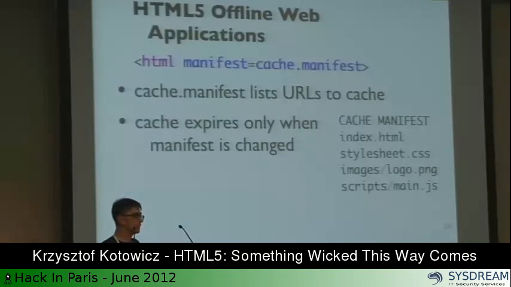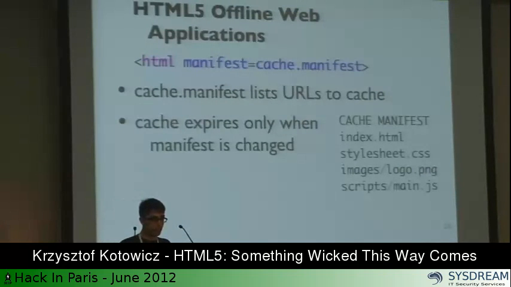How would you specify which resources should actually be downloaded by the supporting browser? Well, you put the manifest attribute in the HTML element of a page, and you specify a URL here. Of course, this has to be within the same domain.